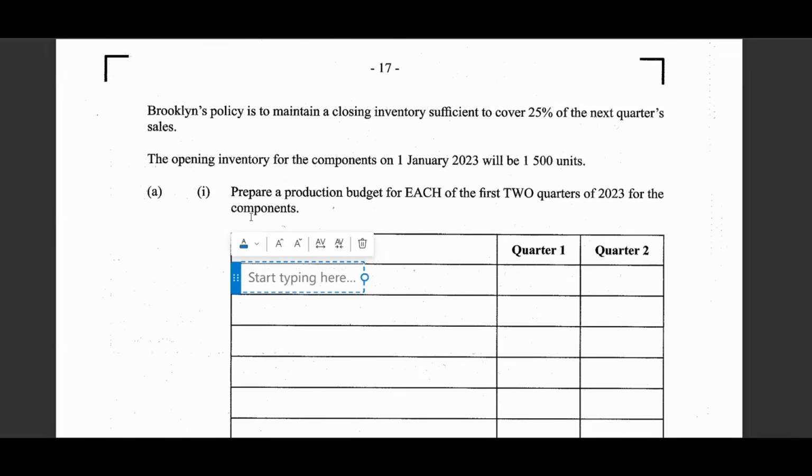So let's record our entries here. So first of all, we know exactly the format to lay out our production budget. Let's start with sales. Less opening stock.